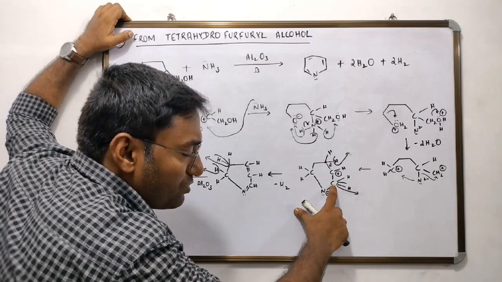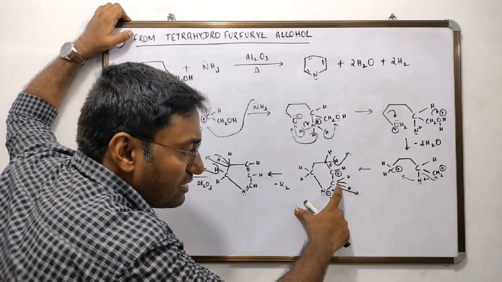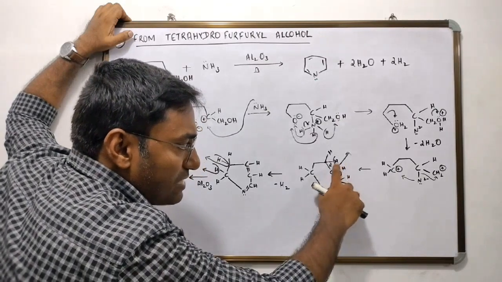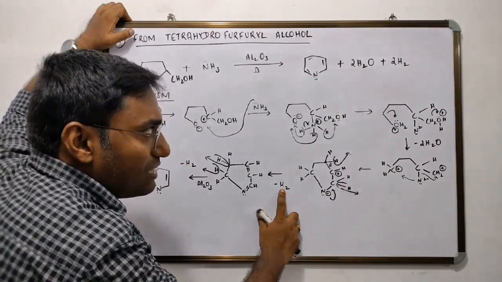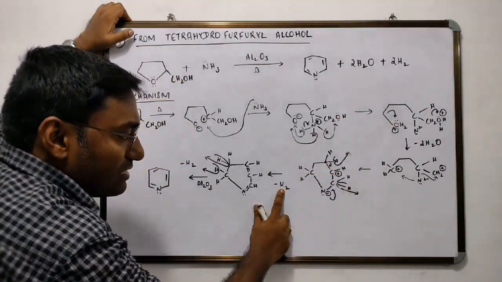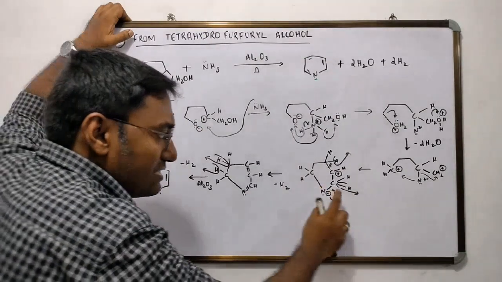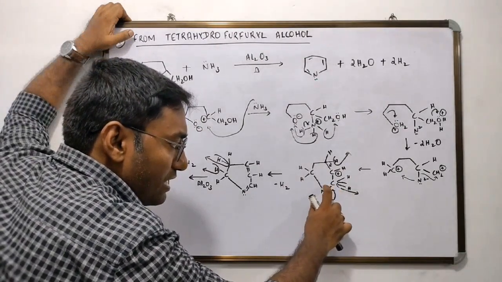To account for the fourth valence of the carbon, carbon loses its hydride ion. A hydride ion plus an H plus gives an H2 molecule. This is how one of the H2 molecules gets released, and this establishes the second double bond in the ring.